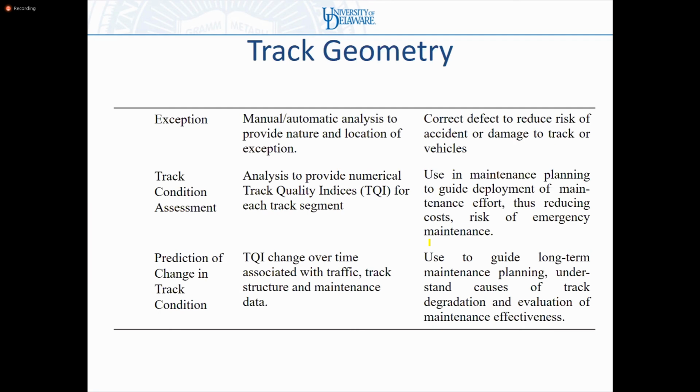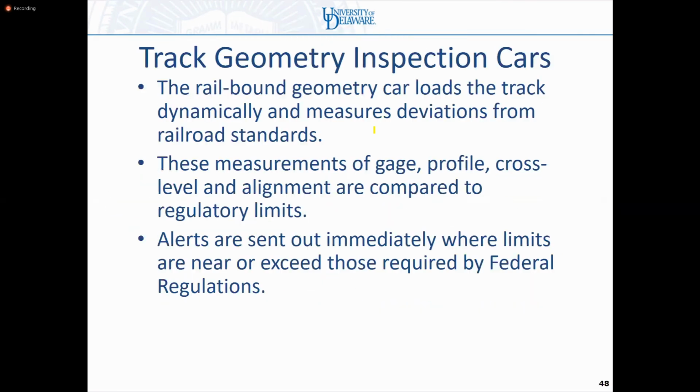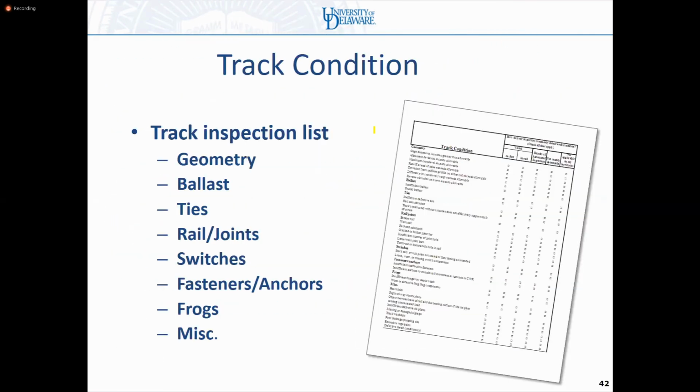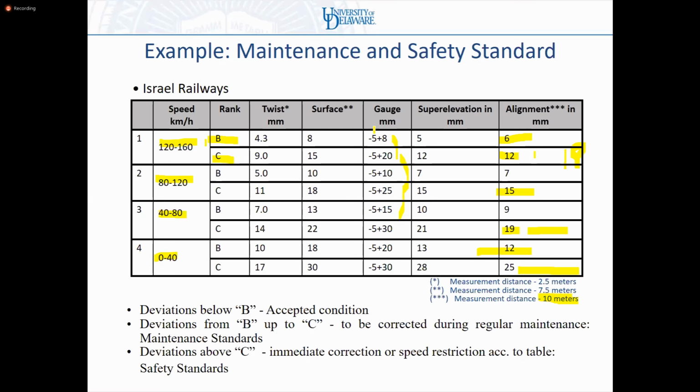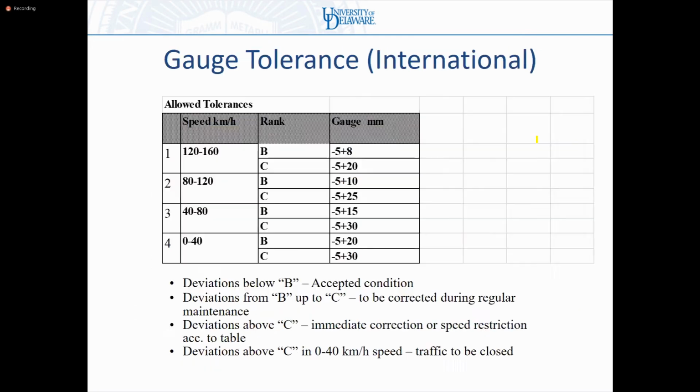So how do we use track geometry information? This is sort of my last 5 minutes. The first way that everybody uses it is exceptions. If I'm past 12 millimeters, I've got to take action. If I'm past 6 millimeters, I've got to do maintenance. These are exceptions, a single standard.